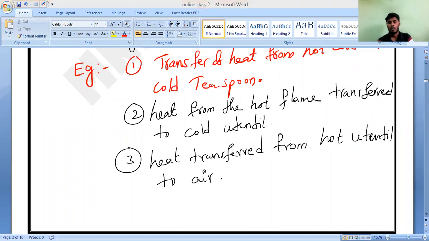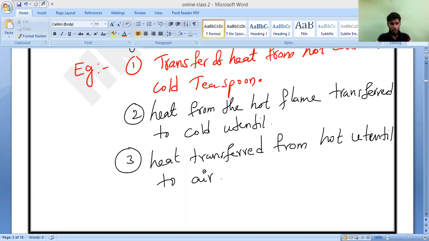In every case, if you observe, heat is always transferring from the hot body to the cold body. So this is what we call transfer of heat. The heat energy will be absorbed by our surroundings, so that the body will become normal temperature.